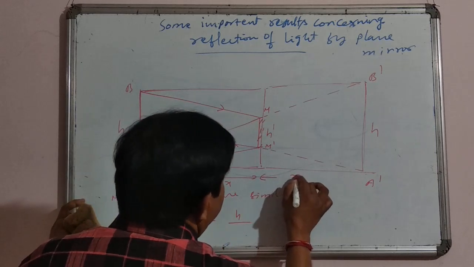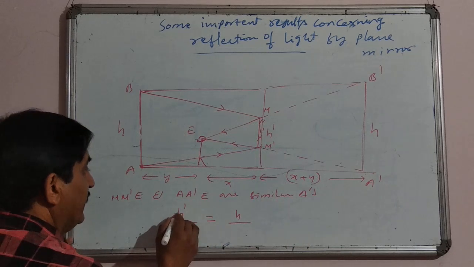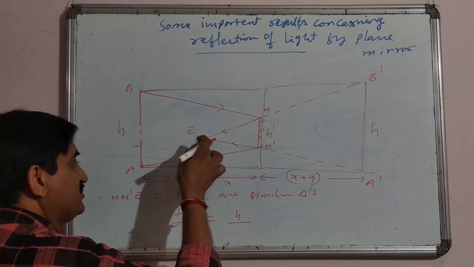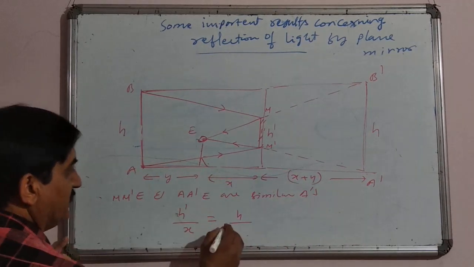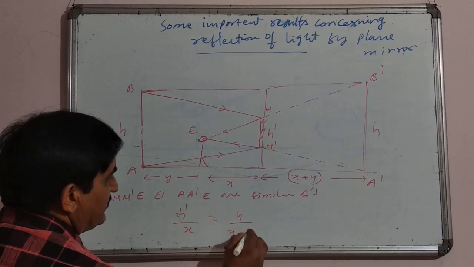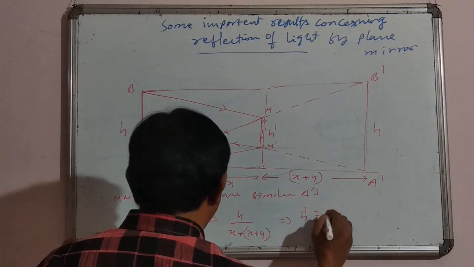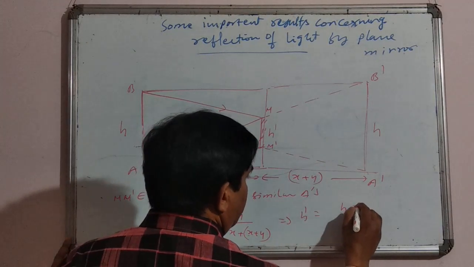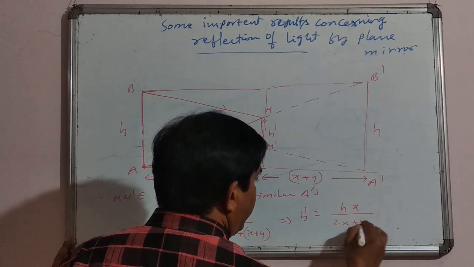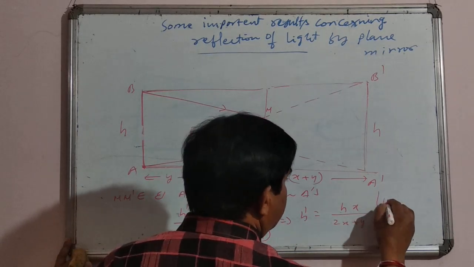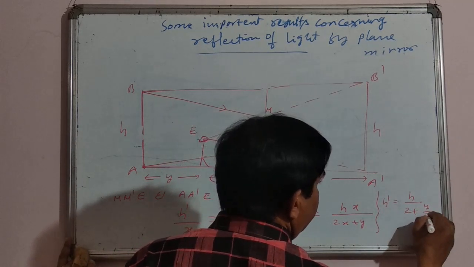How much? X plus Y, clearly. Therefore, H dash by X is equal to H by, see here, X plus Y, which gives the final H dash equal to HX by 2X plus Y, and this leads to H by 2 plus Y by X.